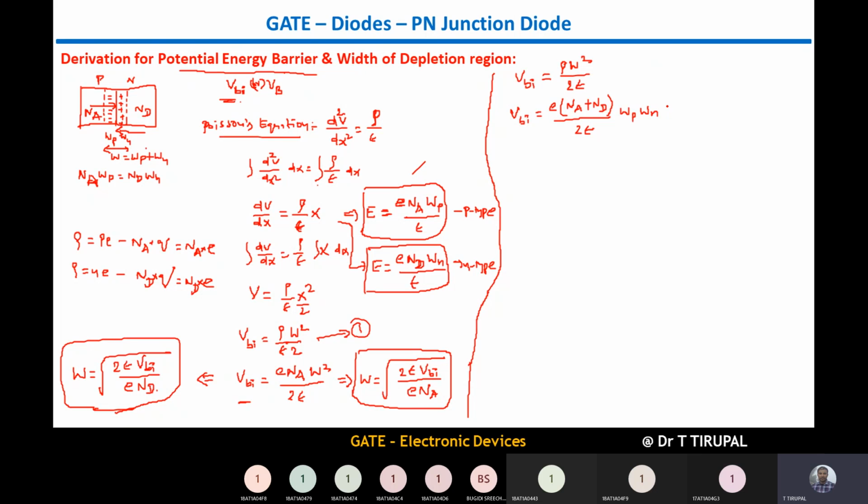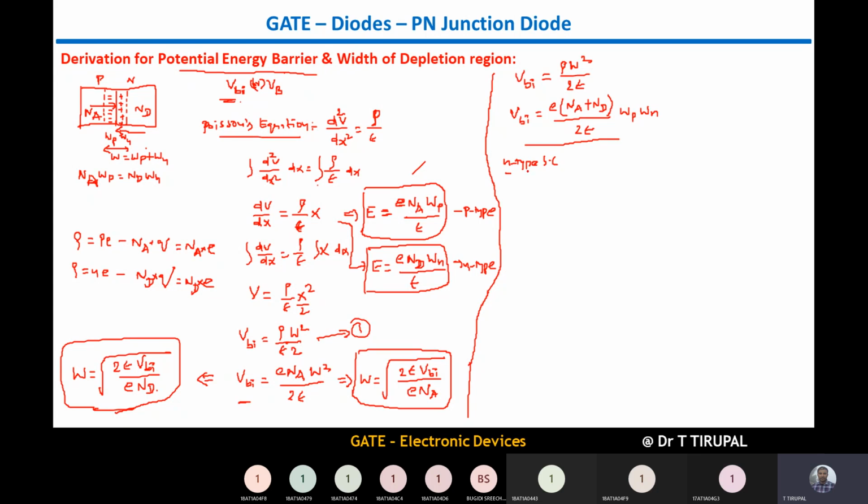So I am writing like this, Wp and Wn. So q into Na plus Nd divided by 2 epsilon. Right. This is for both types of semiconductors. Now let us write it exclusively for n-type semiconductor.